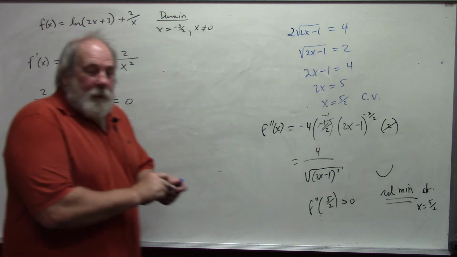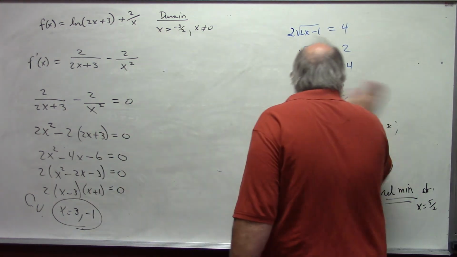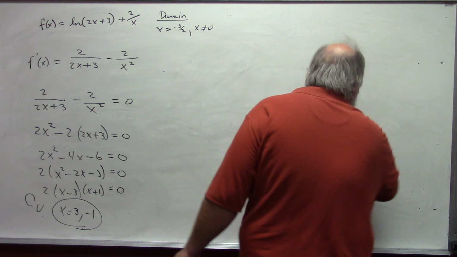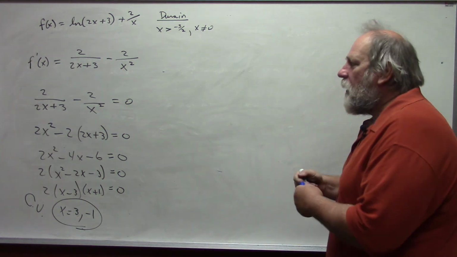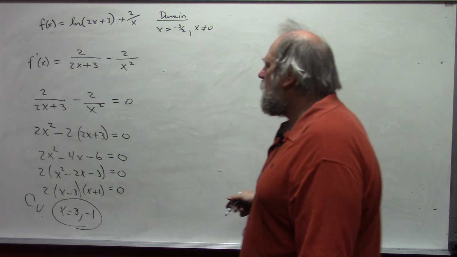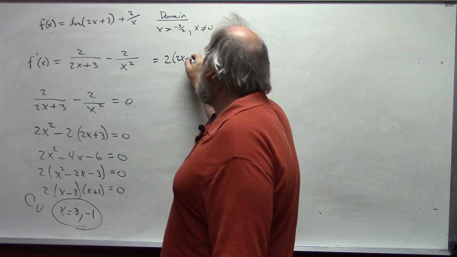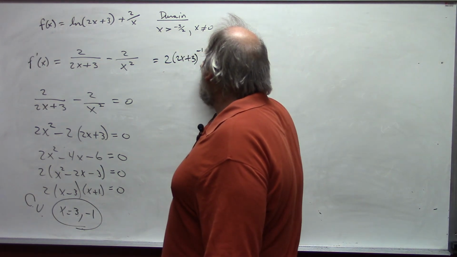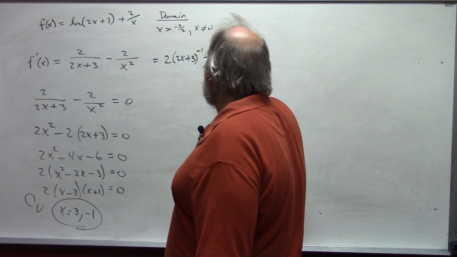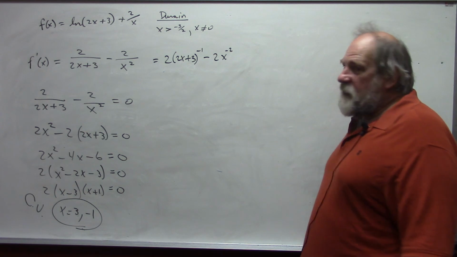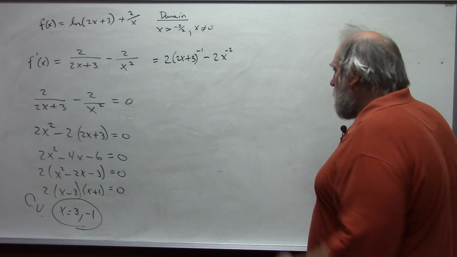So now I will apply the second derivative test to those critical values. I need the second derivative. Let me rewrite this as 2 times (2x plus 3) to the negative 1 minus 2x to the negative 2, make it a little easier. You don't want to use the quotient rule when you can use the power rule.